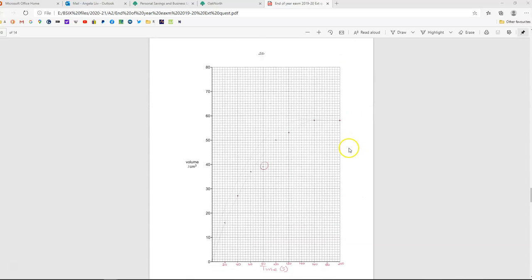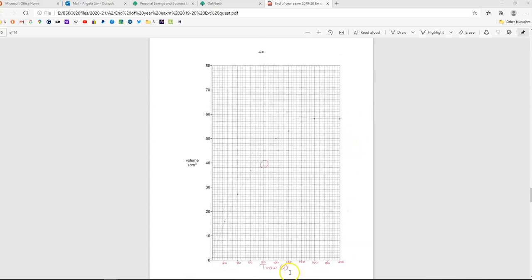So to get those 3 marks, you needed to give the time in seconds, you needed to put a correct linear scale on the x-axis, and you needed to draw that first curve. A smooth curve, not joining the dots, definitely not. You never join the dots in this kind of graph. And then circle the anomalous result, the one that you didn't include in your smooth curve.